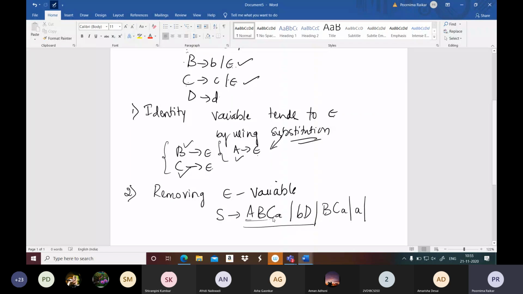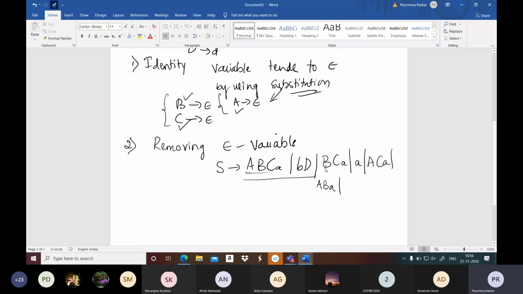I substituted all three with epsilon, I got a. Now I'll substitute for B, I get this. Next time I'll substitute for C, I'll get ABA. Again, you have to just go on doing it alternately. Once I substituted for A, next time for B, next time for C, next time I substitute for A and B both, I'll get CA. So you have to get all the possible rules which tend to terminals.